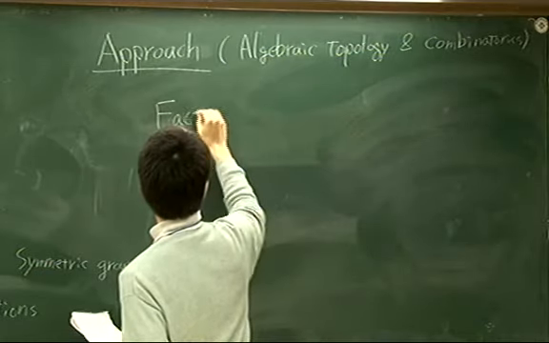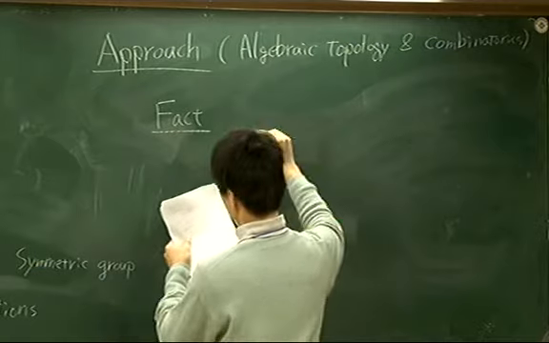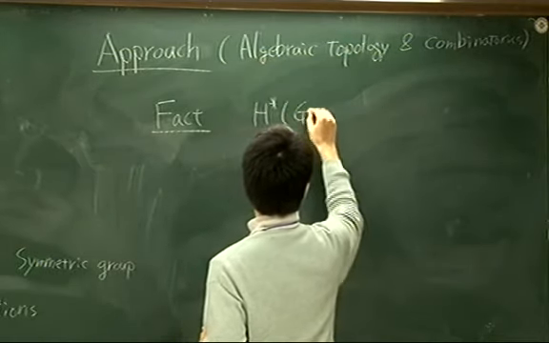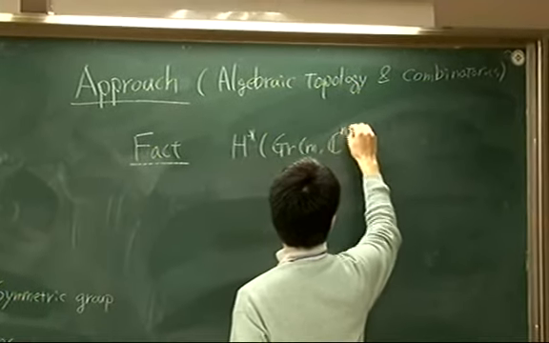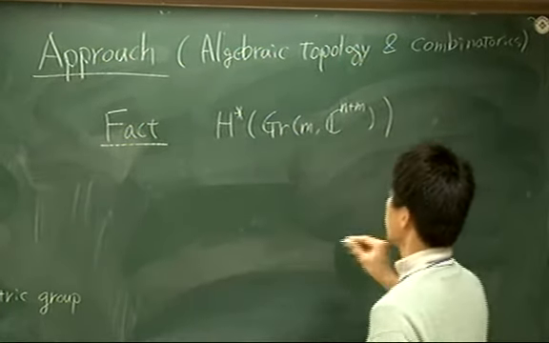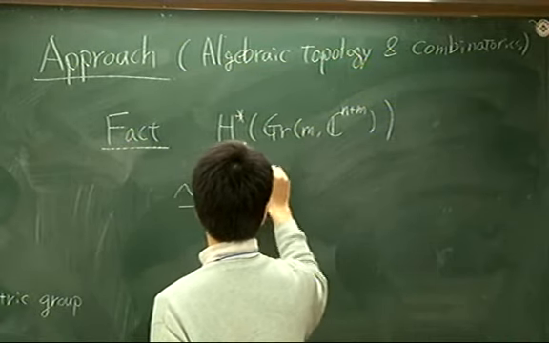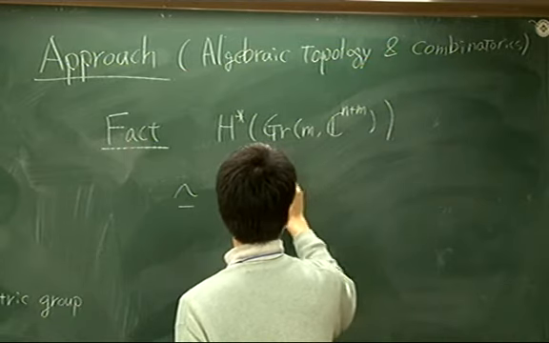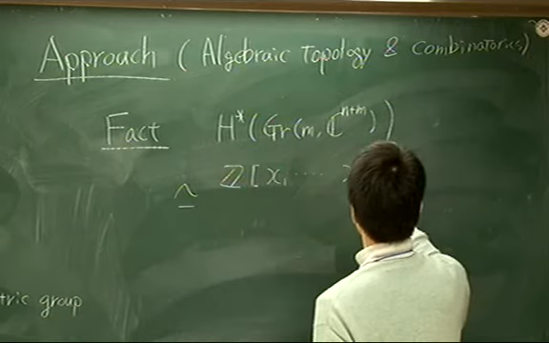So how can we use the algebraic approach and combinatorics? Fact: the cohomology of the Grassmannian is known to be a quotient ring of a polynomial ring with many variables.